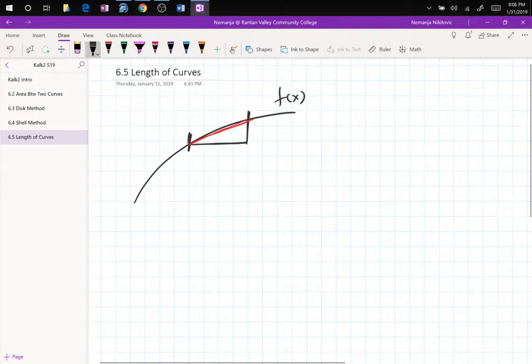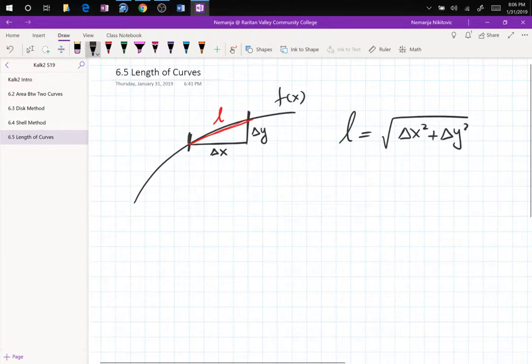Now, I have my delta x, which is the length, and I have my delta y, which is the drop in height. And I can use the Pythagorean formula to come up with this red length L. So from this picture, L is equal to the square root of delta x squared plus delta y squared.